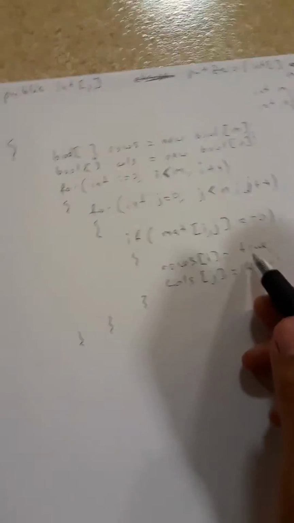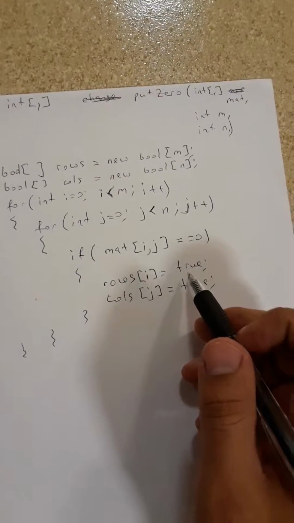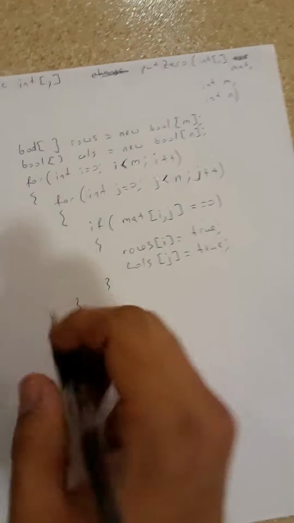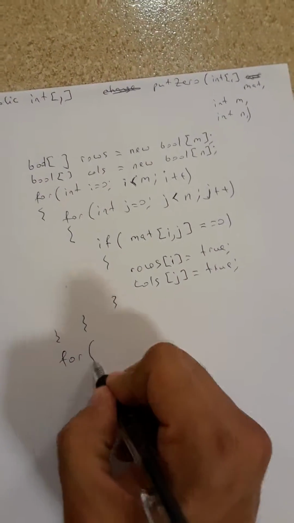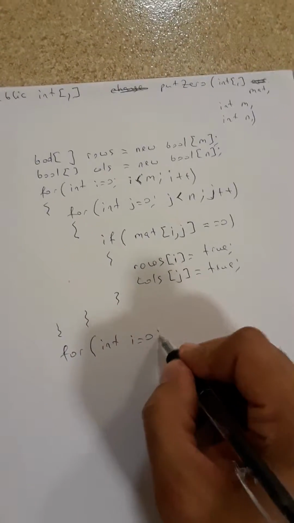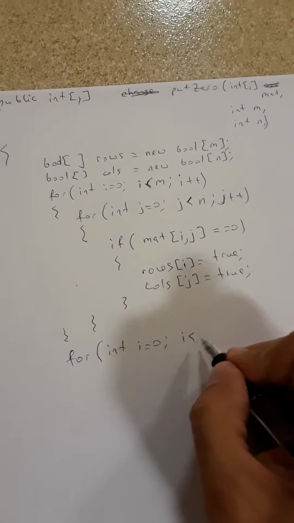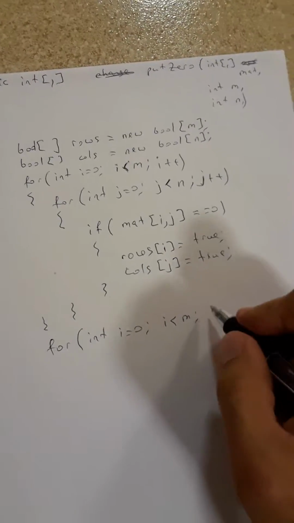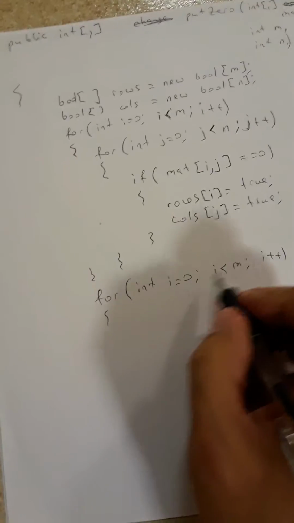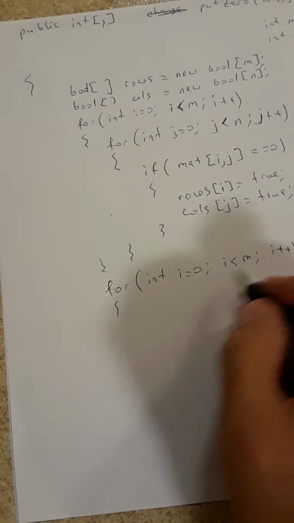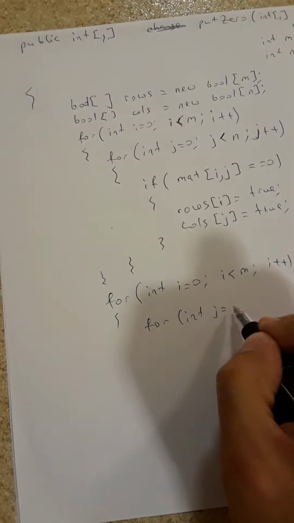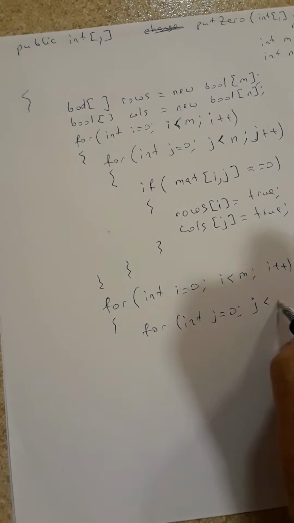After I find out at which rows and columns there are zeros, I will run my for loop again through the matrix, with the same definitions: i for rows and j for columns.